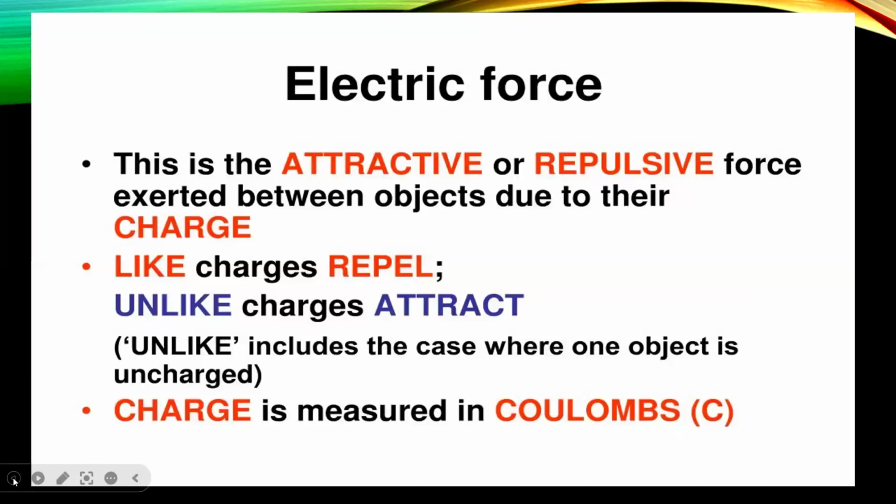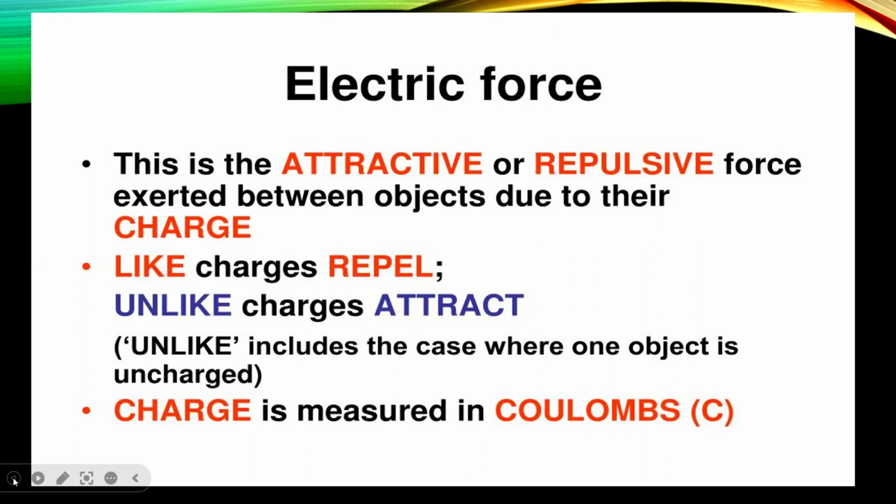And we have also the electric force. So what is static force? It is a force that doesn't flow. This is the attractive or repulsive force exerted between objects due to their charge.